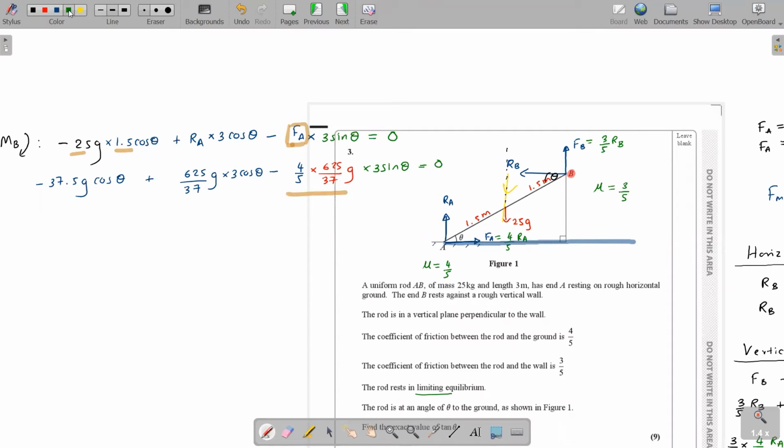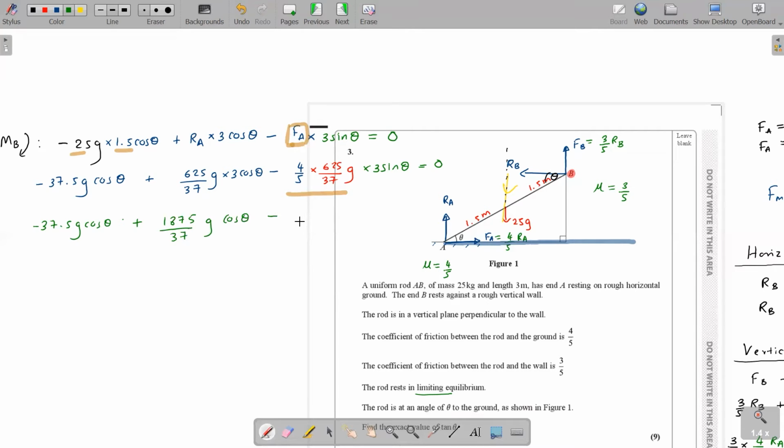Okay, so we need to now make what? Tan theta, right? And everyone I think has a G. Shall I simplify a little bit here? Minus 37.5 G cos theta. 625/37 into 3 is how much, without giving the G value? 625 times 3/37 is 1875/37 G cos theta.